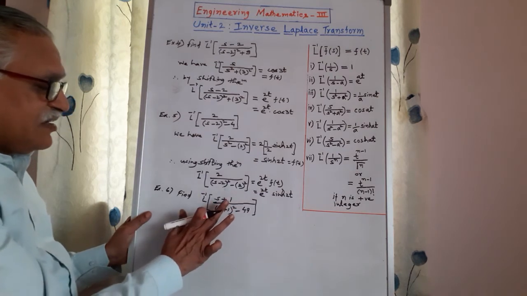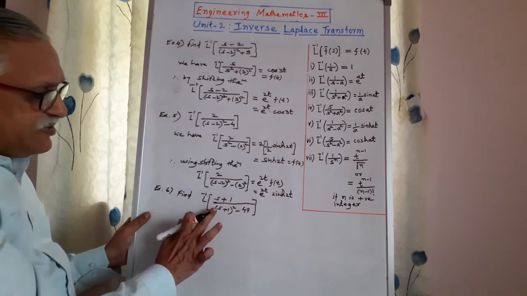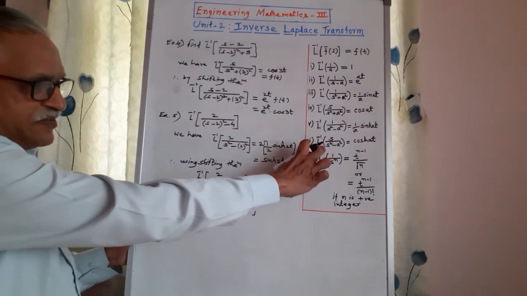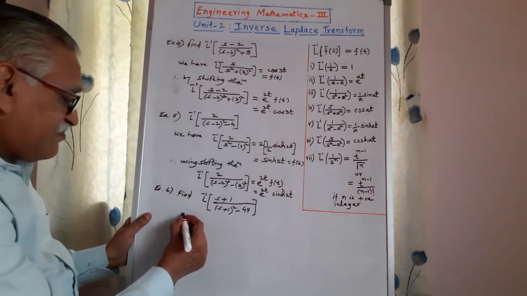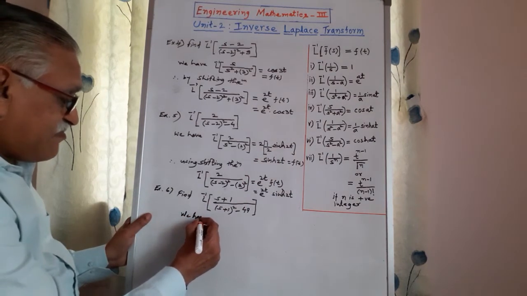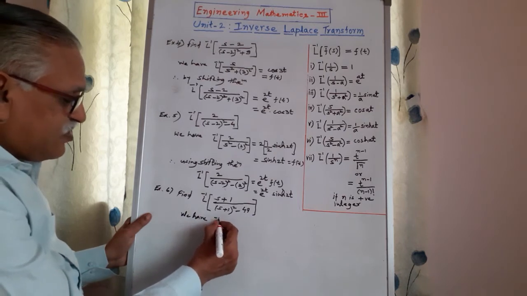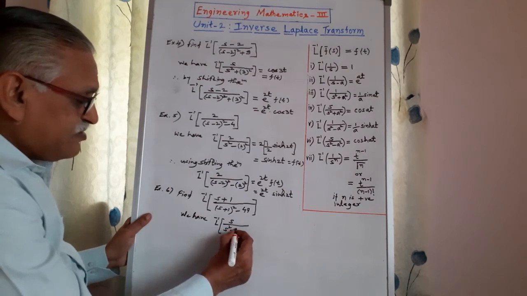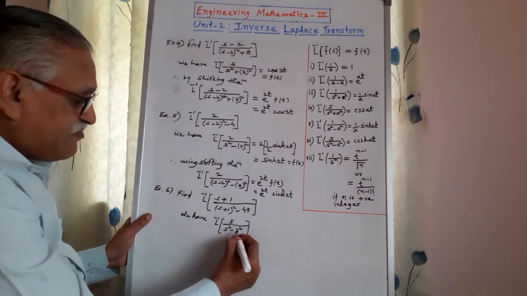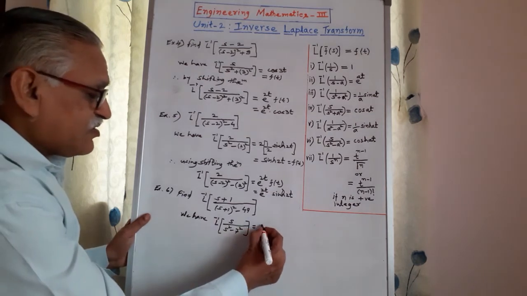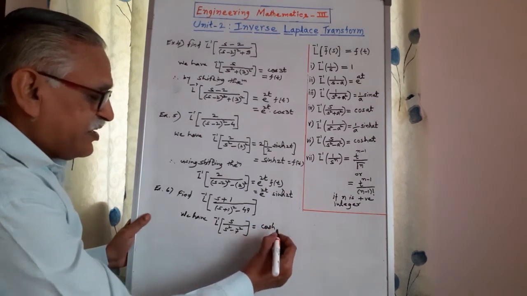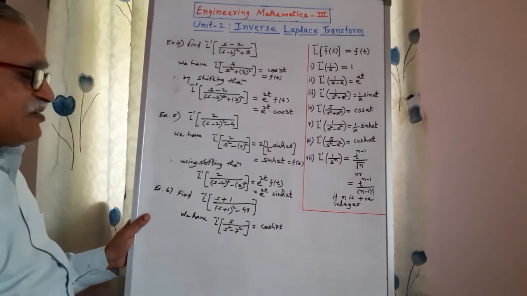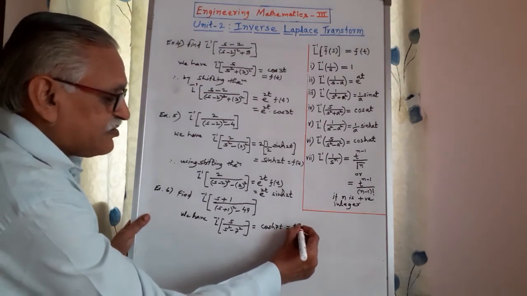First of all, we neglect the 1, the remaining term is s upon s square minus 7 square. Applying this standard result, inverse Laplace of s upon s square minus 7 square is nothing but cosh at, a is 7, therefore cosh 7t, and we call this f of t, say.